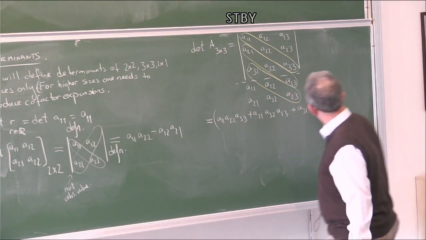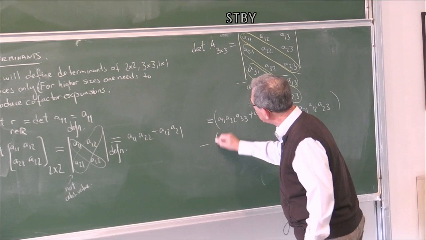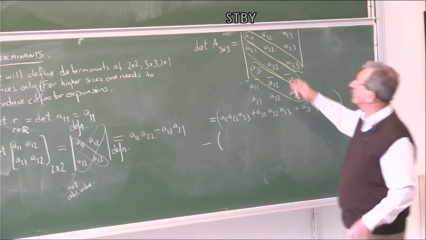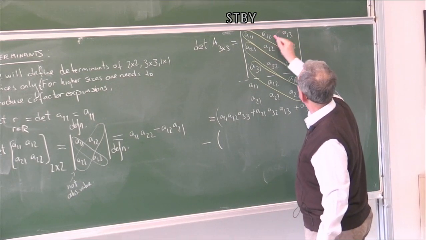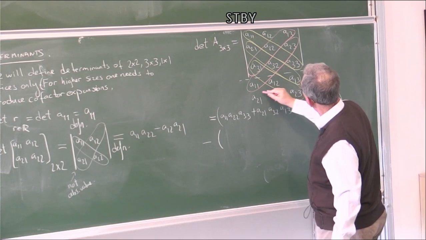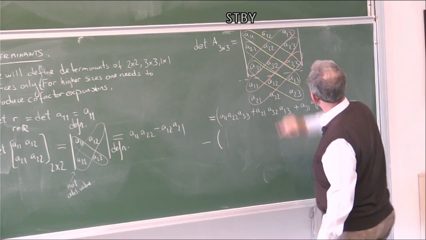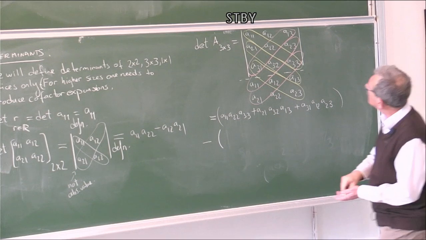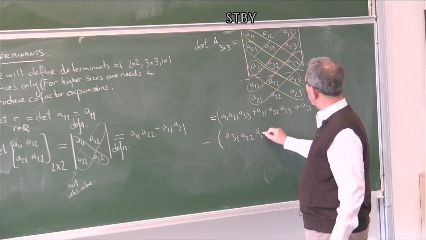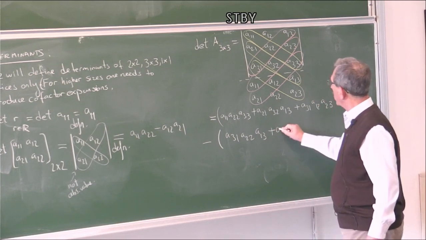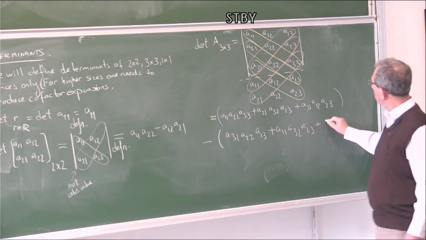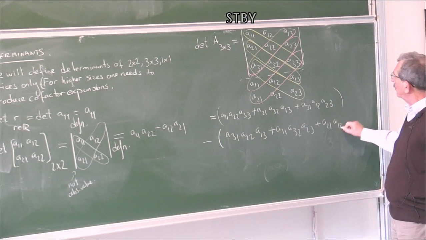And then from this, we subtract the products of the other diagonals, which, of course, is this one, and then this one, and then this one. So that is A31, A22, A13, plus A11, A32, A23, and A21, A12, A33.